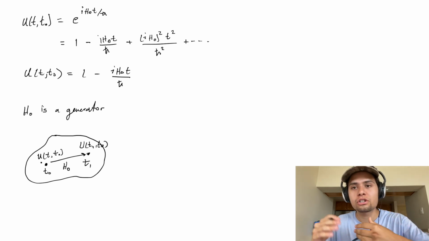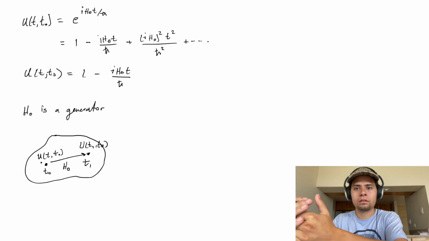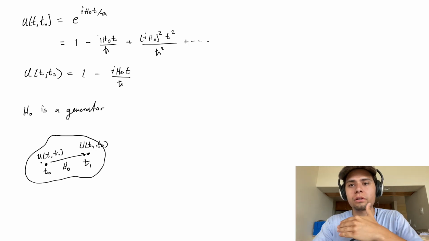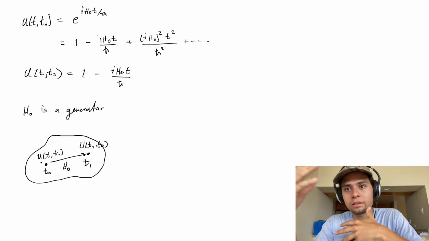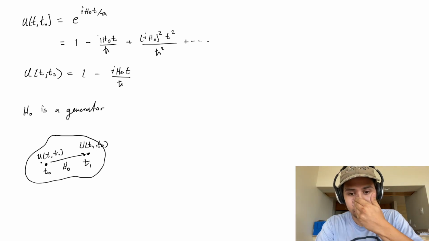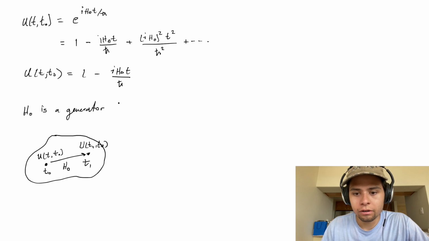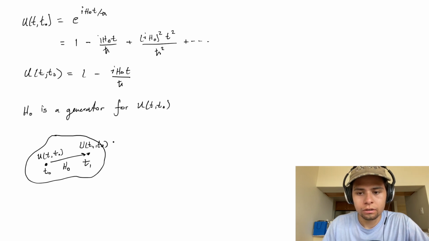So the energy that a particle has generates what the next unitary transformation is going to be, such that when the unitary transformation is applied to the state that the particle is in, you just get that state back. Okay, so h0 is a generator for u of t naught, like that.